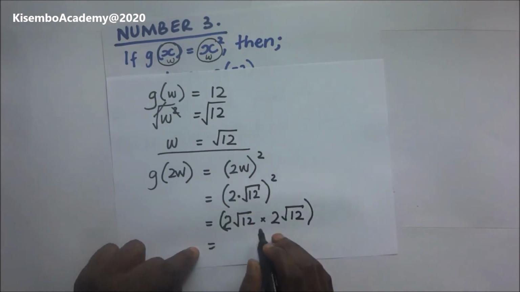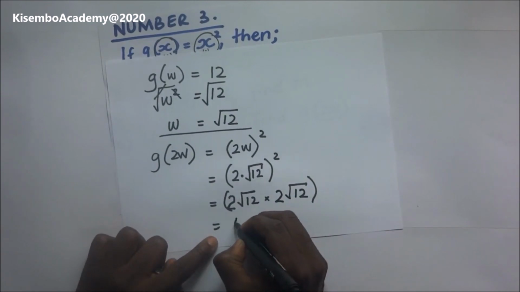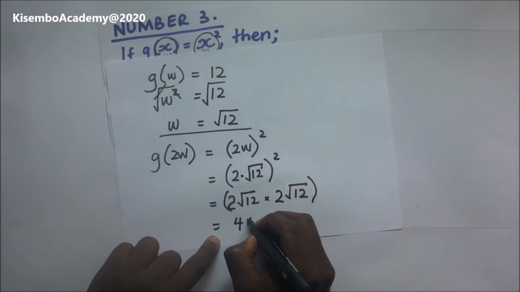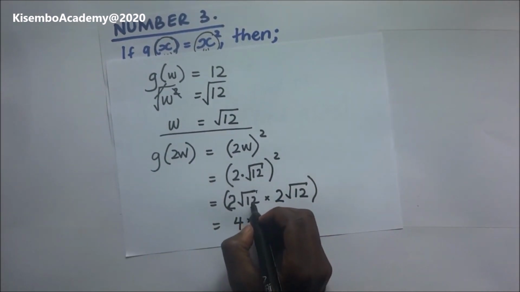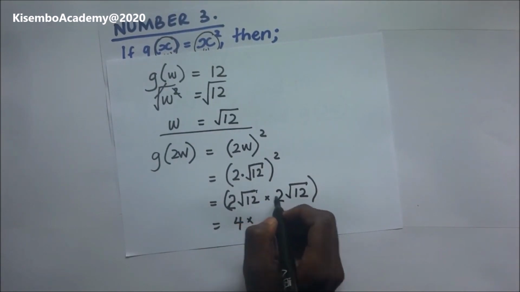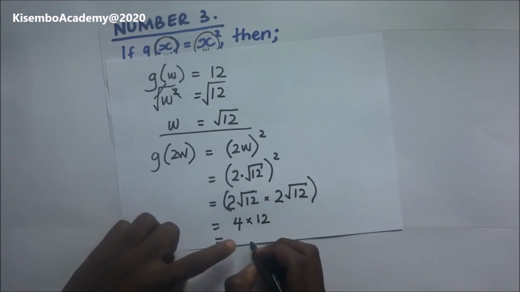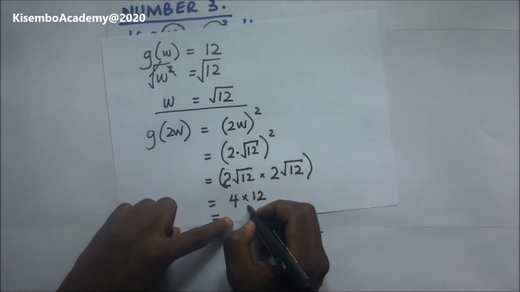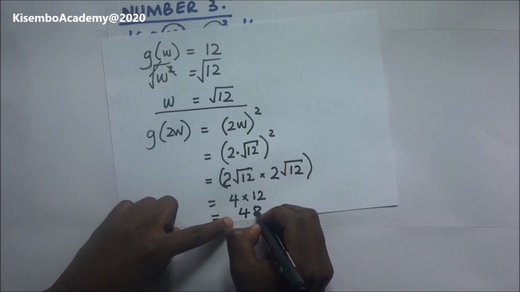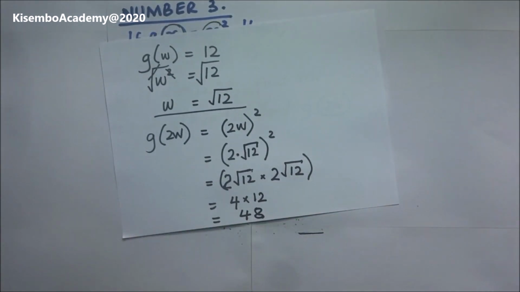So this is 2 times 2, which is 4, times a square root. A square root of a number times the square root of the number gives you that very number. So this is going to remain times 12. And of course, 4 times 12 gives us 48. And that is our answer.